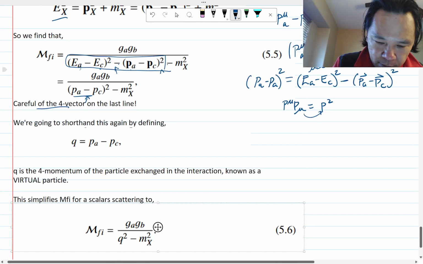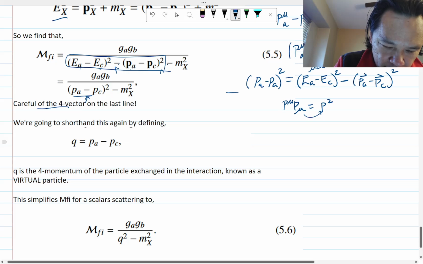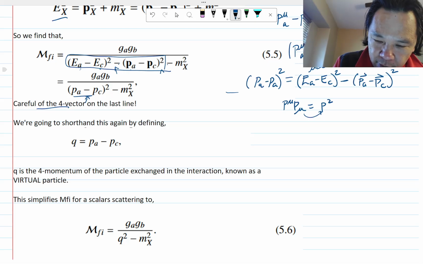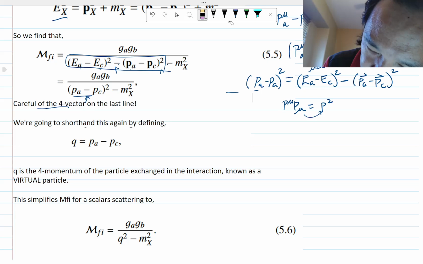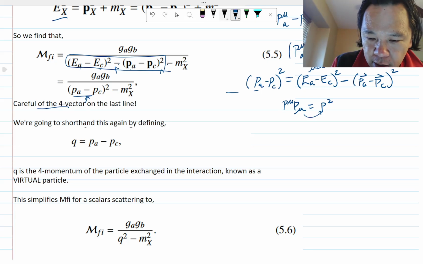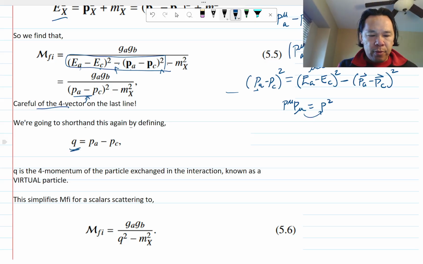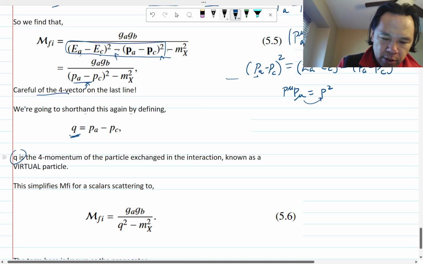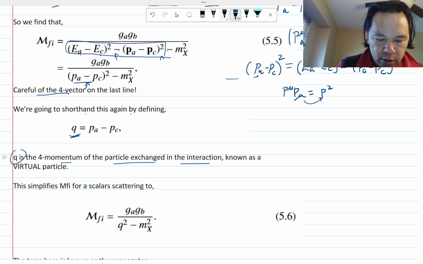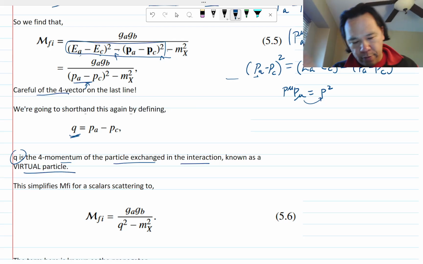In fact, we're going to define a slightly longer shorthand: the difference in the initial and final 4 momentum squared, we're going to call that Q, where Q is actually the 4 momentum of the particle exchanged between them, called the virtual particle.